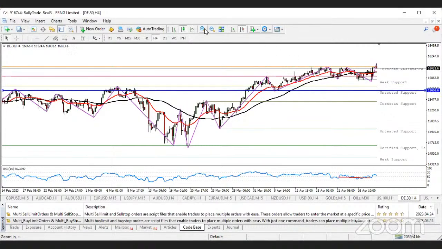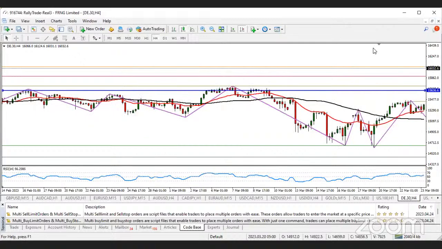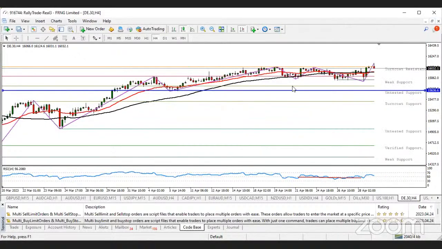Let me open my chart very well. Ever since it went this low, it has been ranging around this horizontal channel. It went to test this week's support, though it has not been able to go back to that untested support. But the point is that it has been ranging between this horizontal channel.